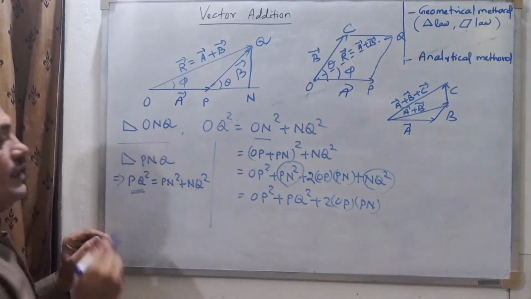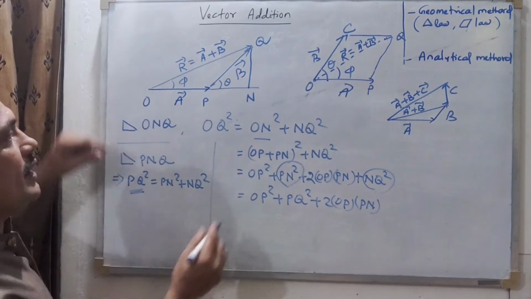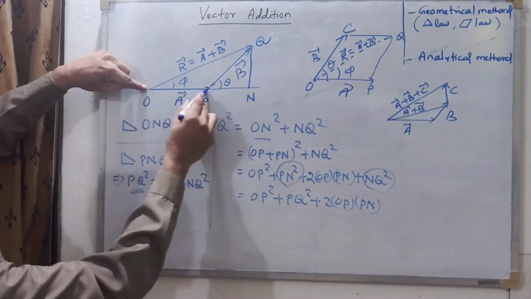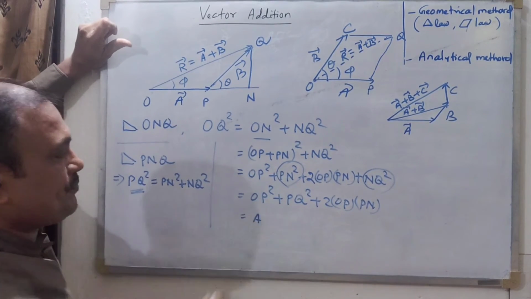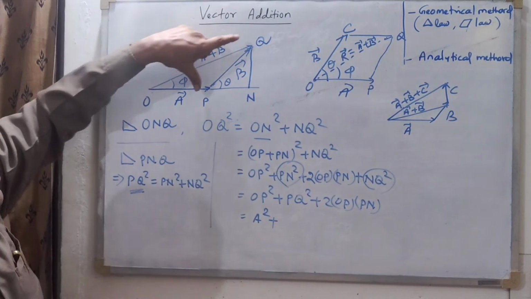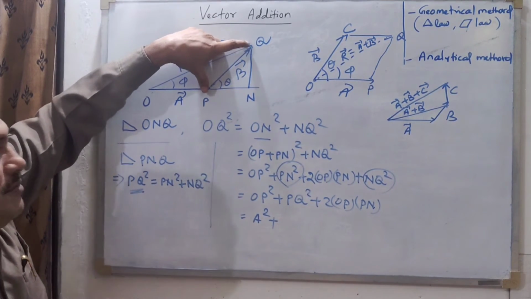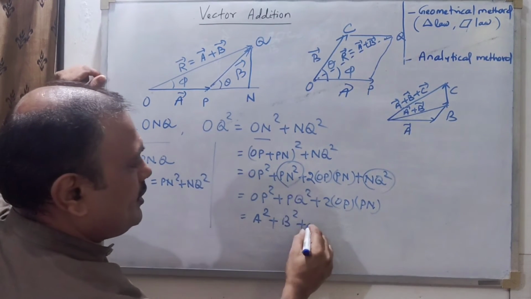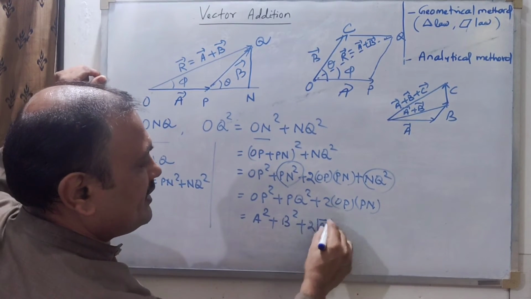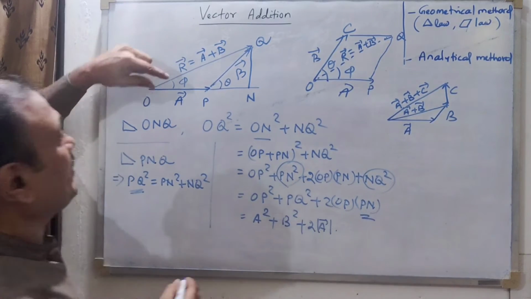Now again, if you carefully mark, what is this OP? OP is nothing but the A vector, the magnitude of which I can take as A. So therefore it is A square. PQ, what is PQ? PQ is nothing but the B vector, the magnitude of which I can take as B square. Similarly, here OP is A in magnitude, and the PN, what is the PN?